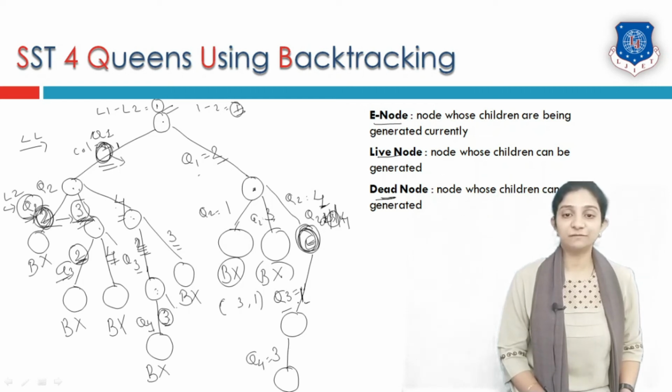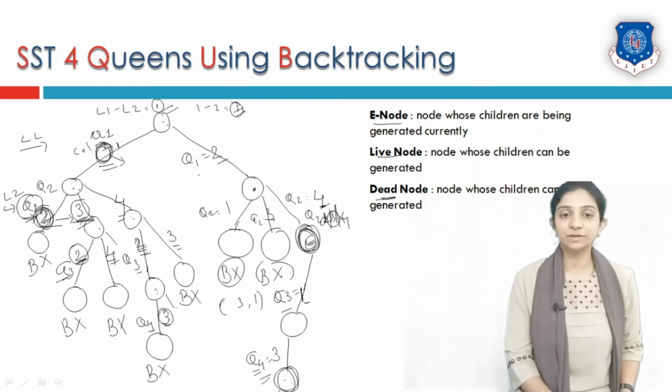So the levels difference is not equal to columns difference. That's why we say that this node is a correct node. But do we have to grow the tree after this particular node? This node is the placement of queen number 4. Are there any queens left to be placed? No. This is the last queen, which we have already placed.